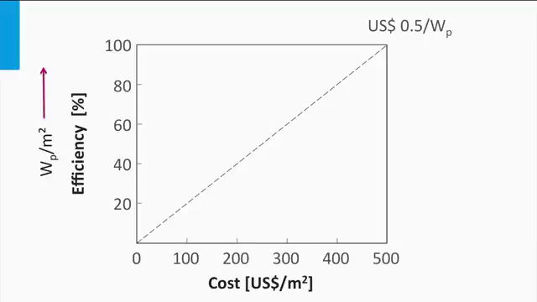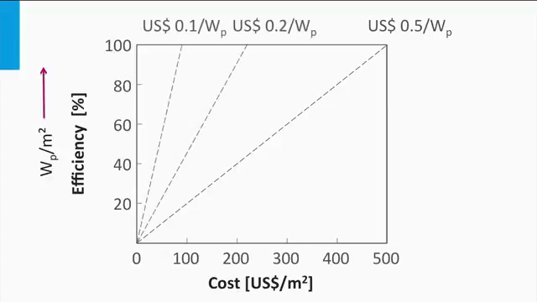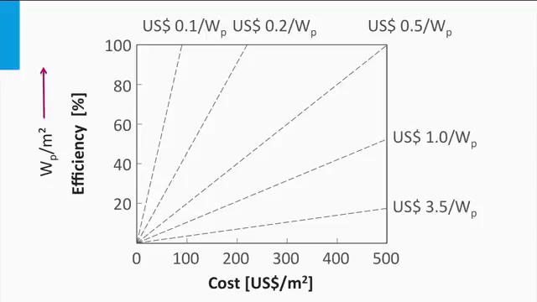The cost price per watt peak corresponds to the cost price of the energy generated by the solar cell. In this example, the dashed line represents $0.50 per watt. If the slope of these dashed lines is very steep, the cost price per watt is low. Whereas when the slope of the dashed lines becomes less steep, the cost price per watt peak is getting significantly higher. To compete with other energy sources, you would like that your PV technology overlaps with the steepest lines in these graphs.